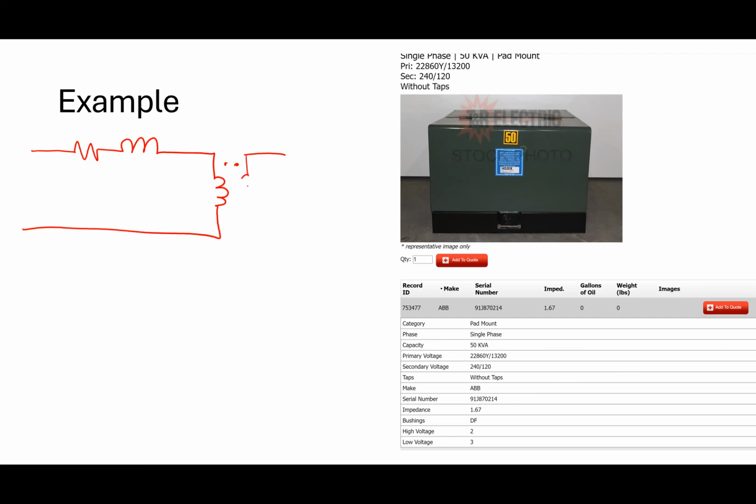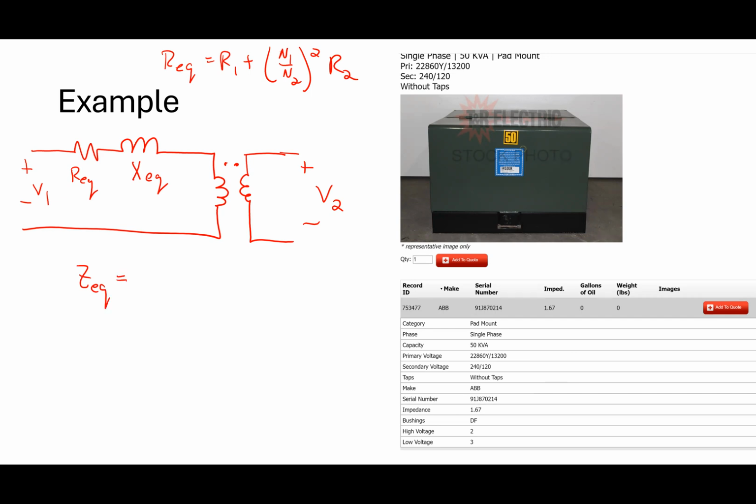Here's the ideal transformer. Under load, this can be thought of like this, where this is REQ and this is XEQ, that combination of stuff. Here's V2, here's V1. If I think about this impedance, how would I combine those into one Z equivalent?